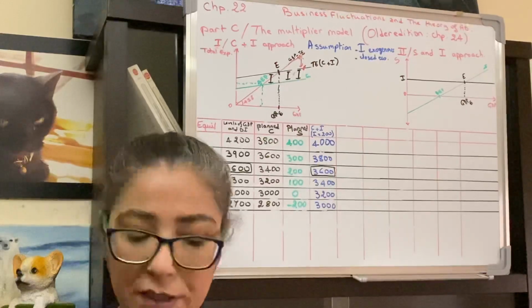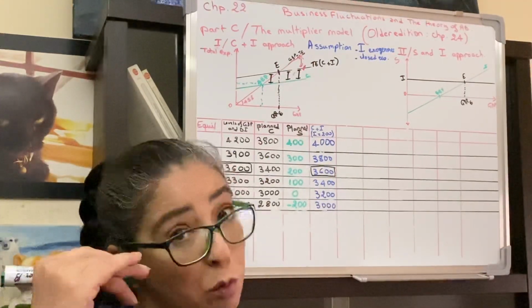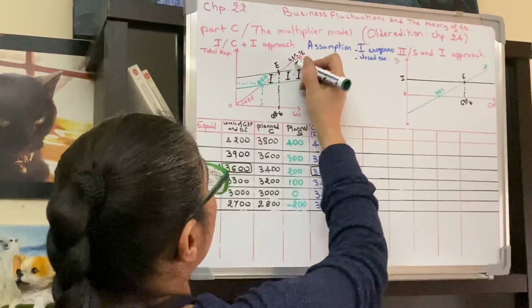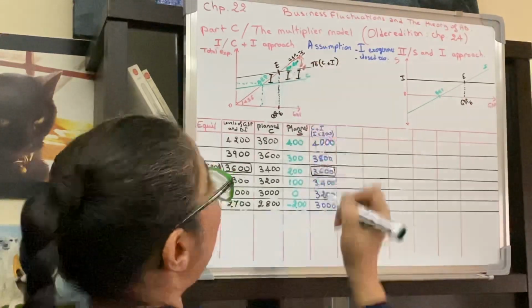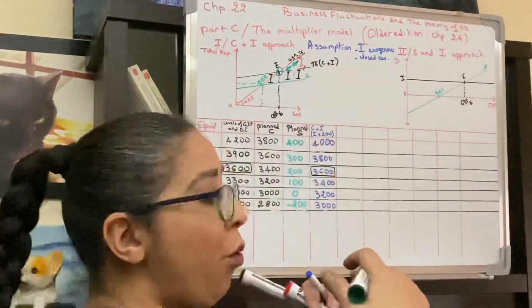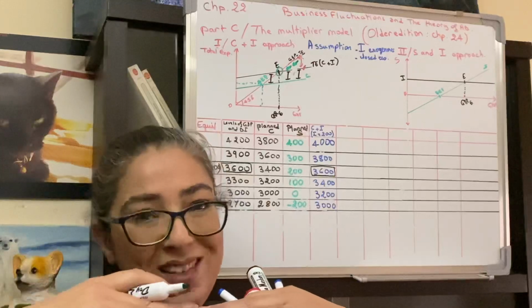What's going to happen is that the GDP, the production, is going to start to decrease. I'm decreasing till I reach the equilibrium where I'm producing exactly as much as I'm selling.